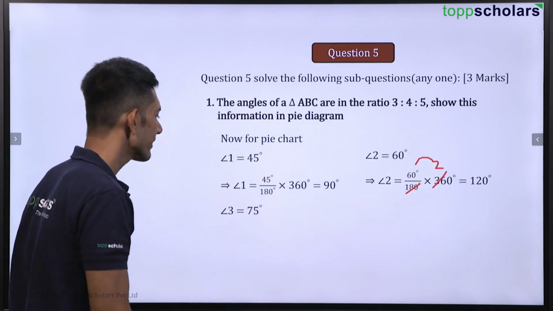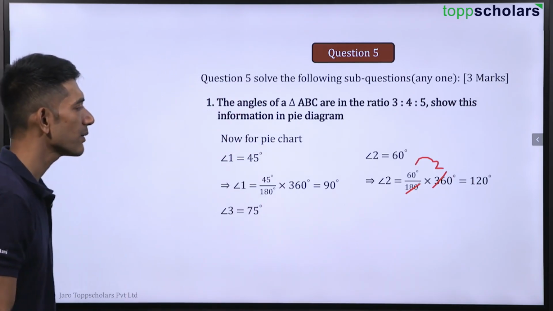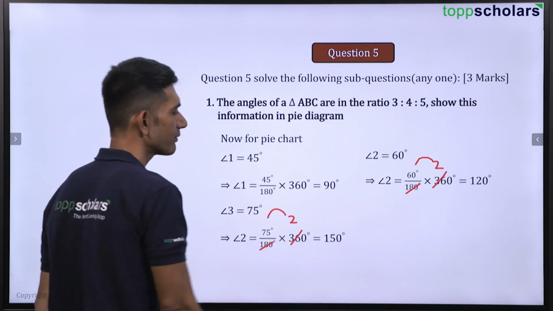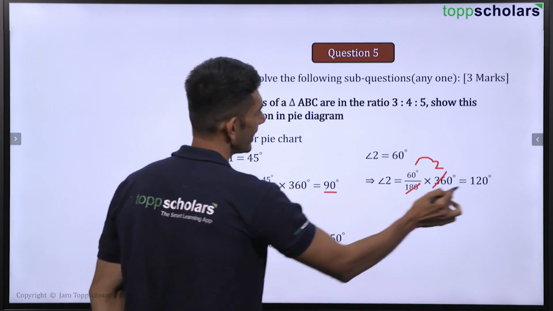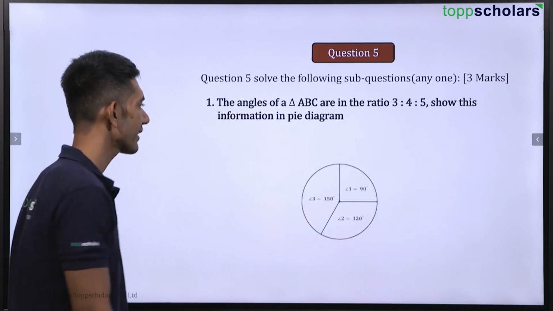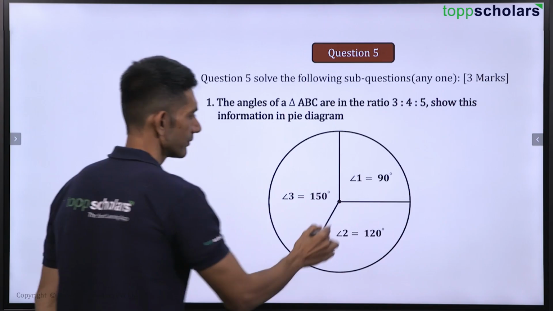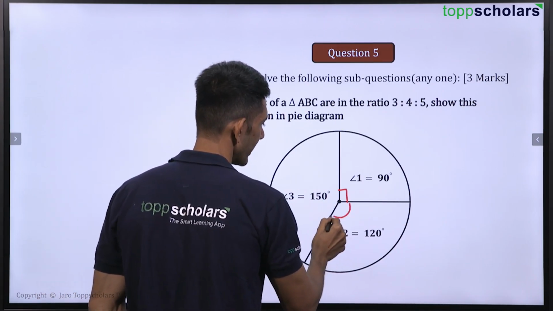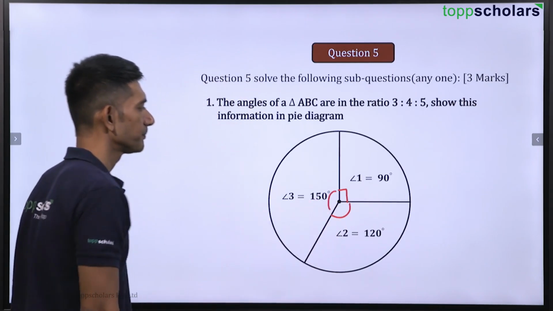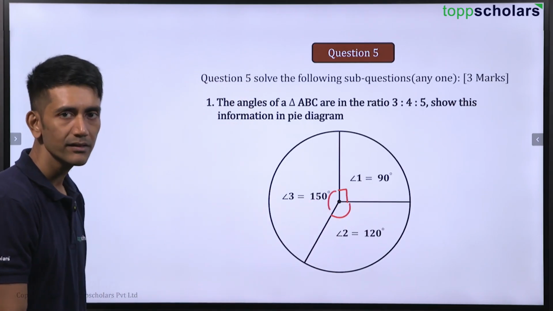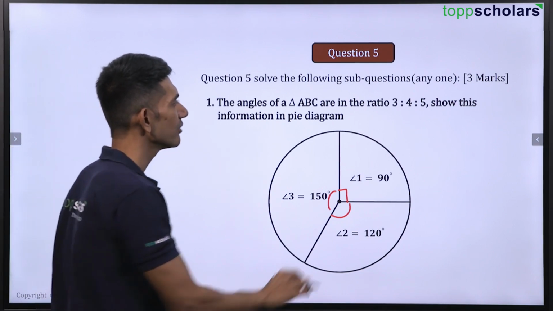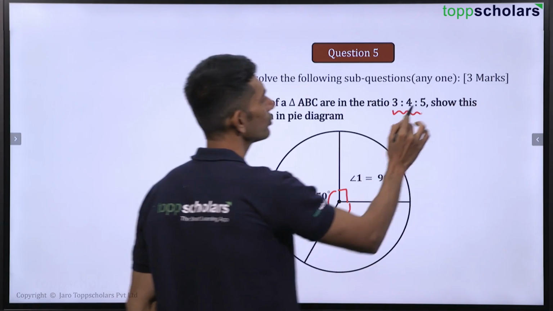And then the third angle is 75, so 75 by 180 multiplied by 360. 75 twos are 150. So 150, 90, 120. Let's represent this. This is 90, 120 and 150. Easy. So this is the pie diagram representation of the three angles of the triangle which are in the ratio 3:4:5.